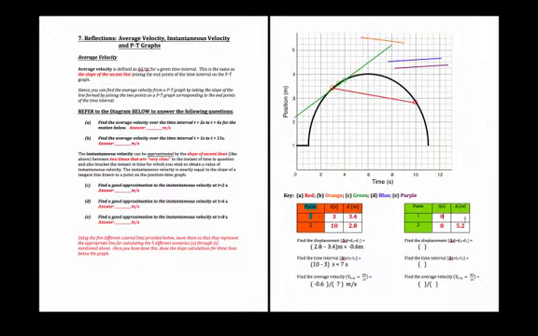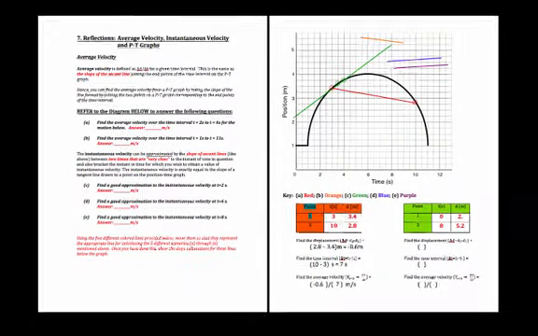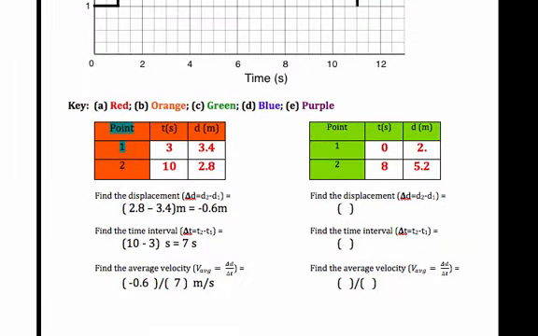So I'll put 0 and 2.3. So now I have to find the change in displacement. Change in displacement is 5.2 minus 2.3 equals 2.9 meters.